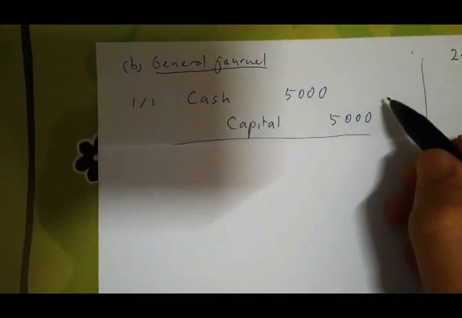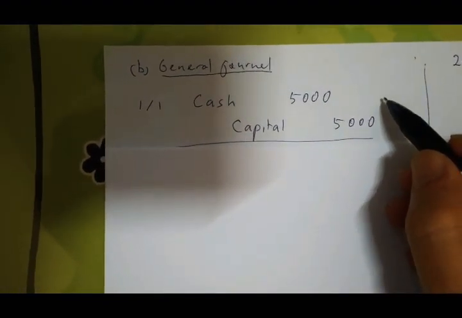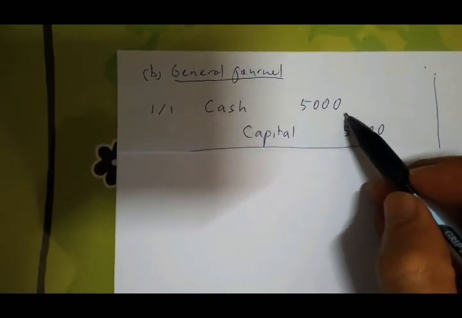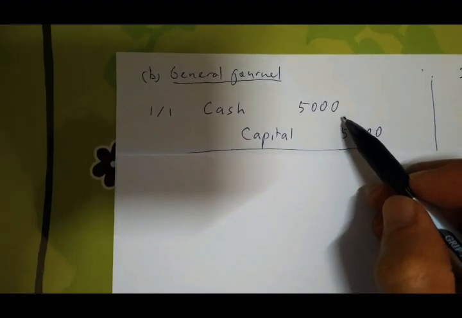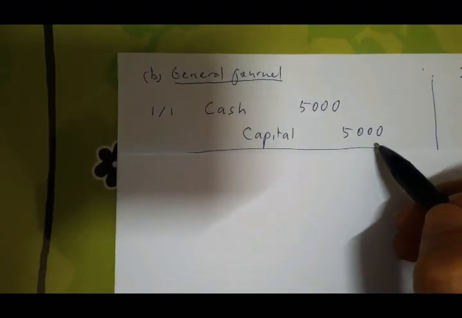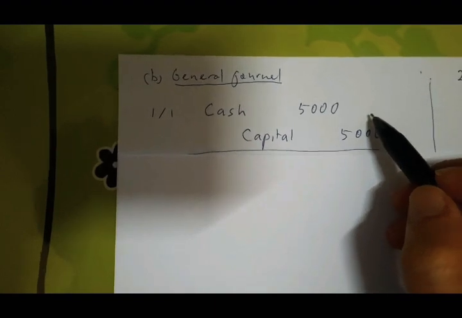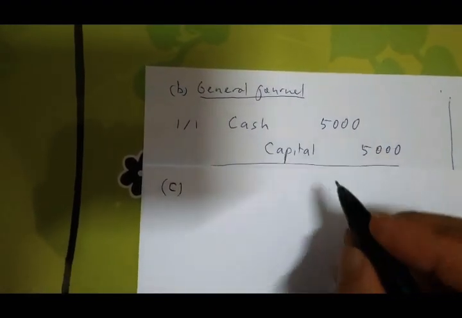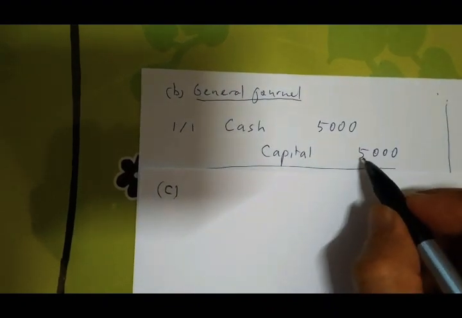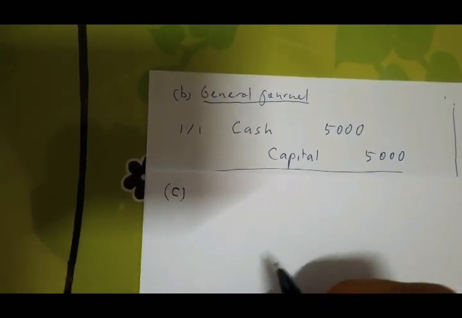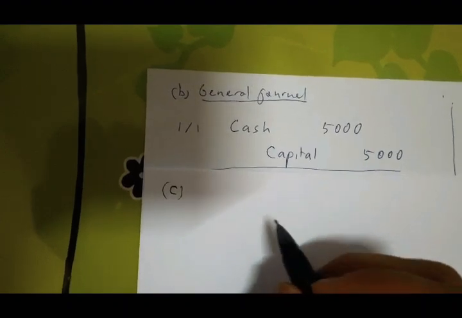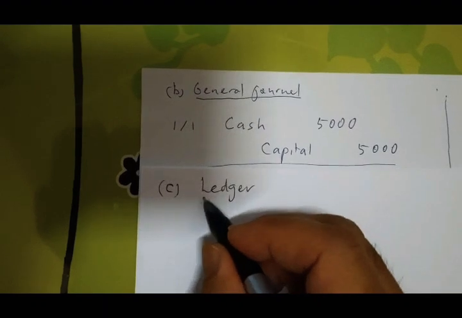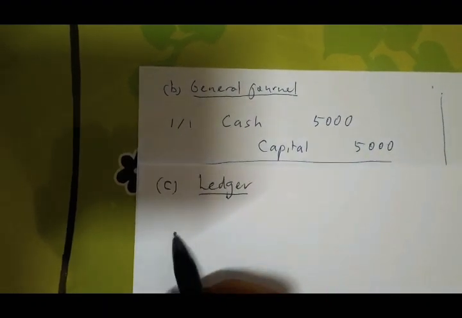Your journal entry is debit cash 5,000, credit capital 5,000. How to transfer this journal entry into the accounts in the ledger? The ledger is like a book, and in the ledger there are many T accounts.